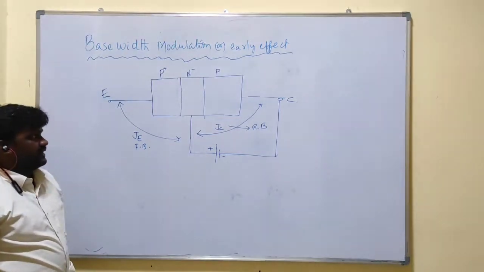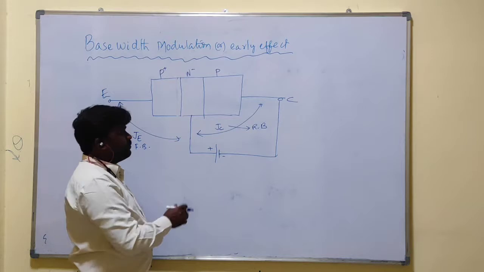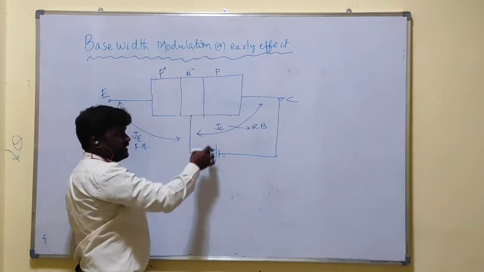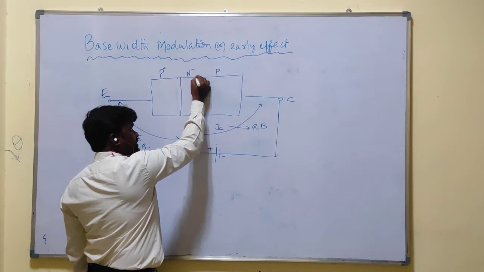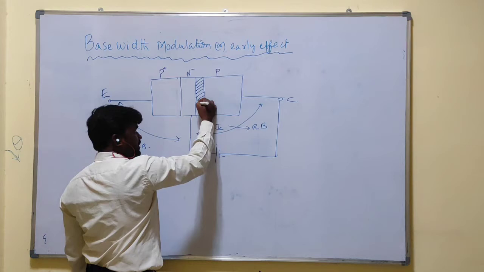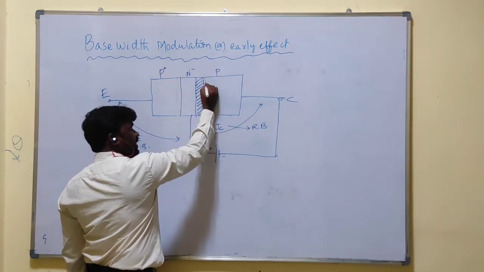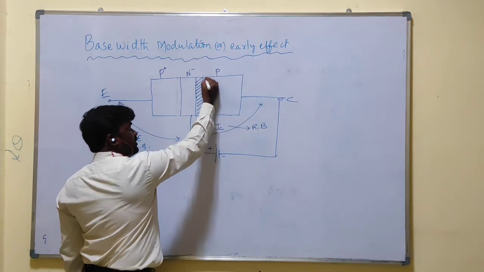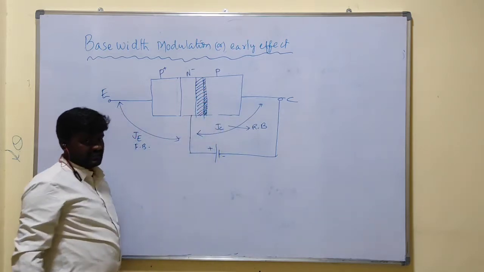As it is reverse biased, a depletion region is formed at the collector junction, on either side of the junction, on the base side and on the collector side.